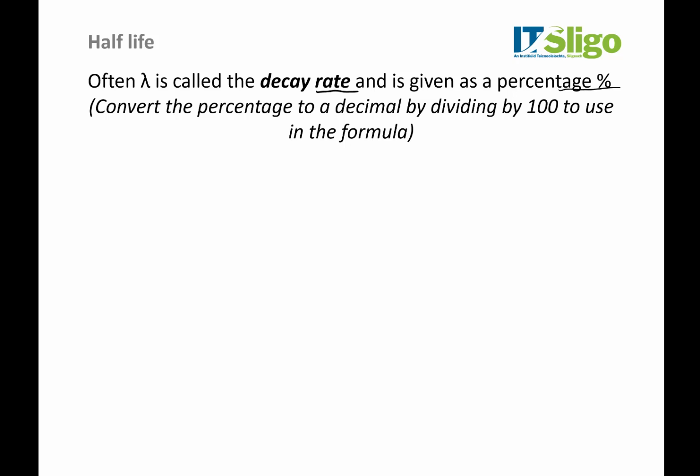So just be careful. They might say something had a decay rate of 37%. You wouldn't use 37, you'd have to divide by 100, to get lambda. So just be careful of that if you're given the decay rate.